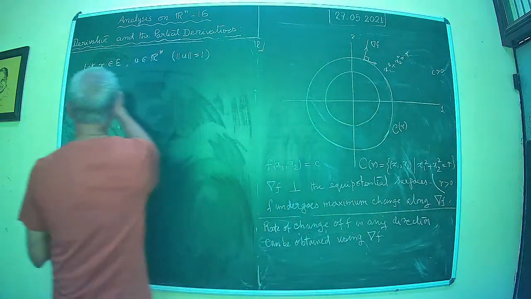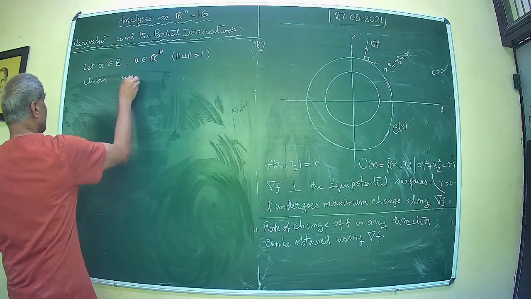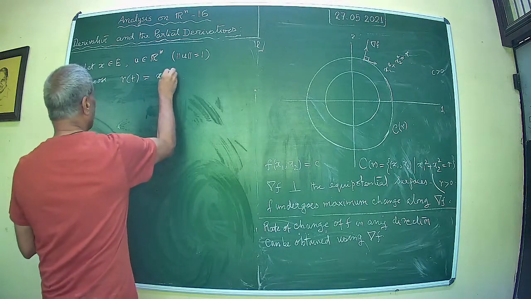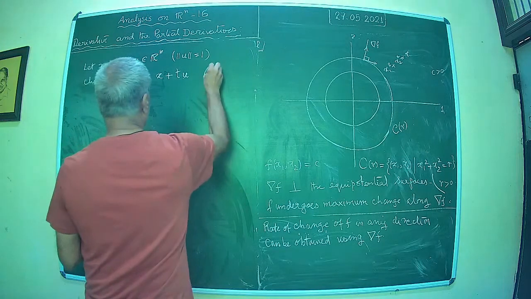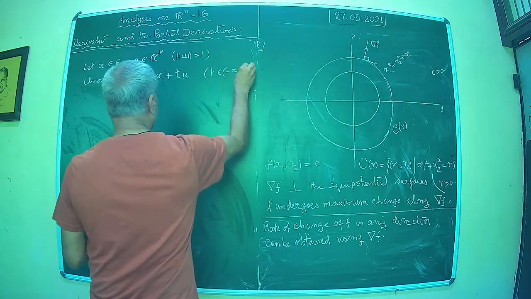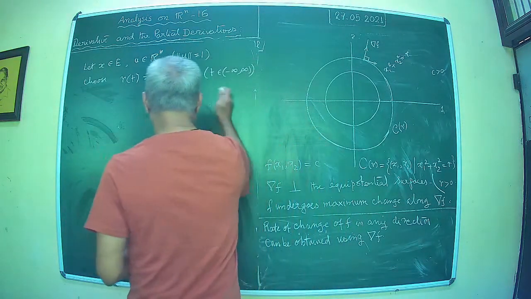And choose gamma t to be equal to x plus t u, so it's a linear direction that you have.